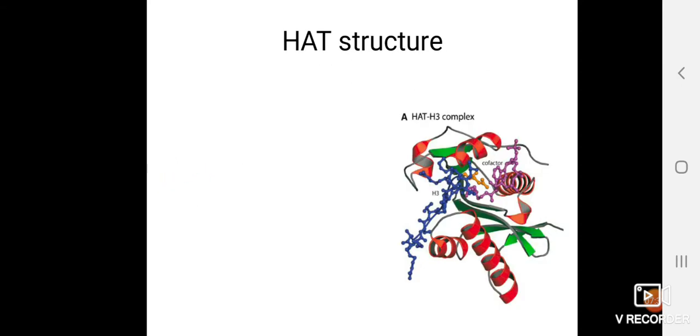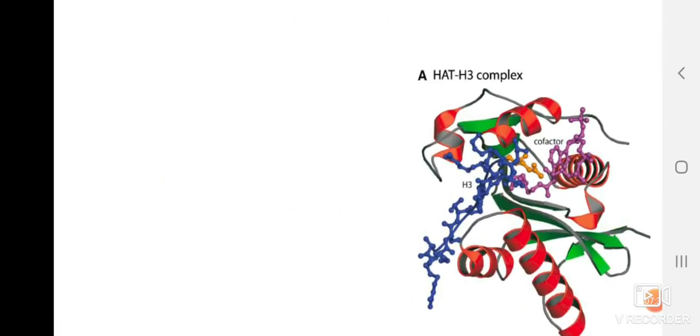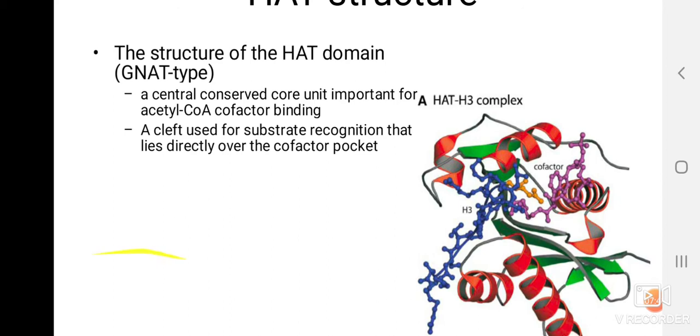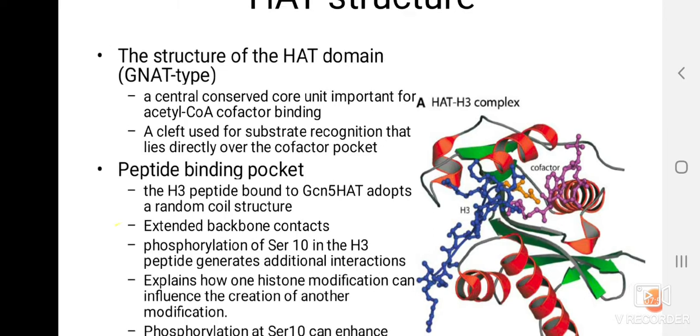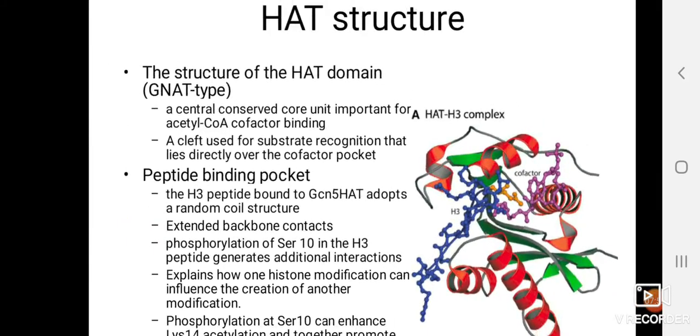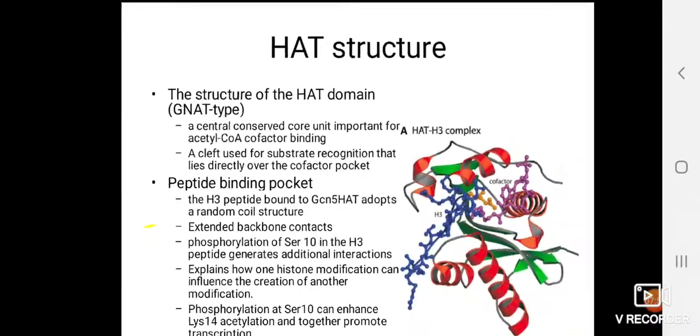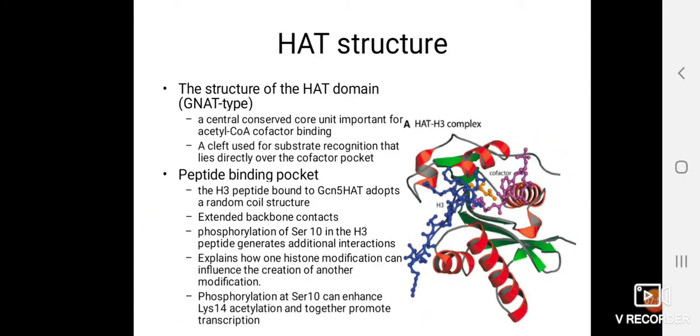So this is a clear-cut complex of HAT with H3. Now the structure of the HAT domain: in the case of the GNAT family, we can see there is a central conserved core unit which is important for acetyl CoA binding, and a cleft within this structure.